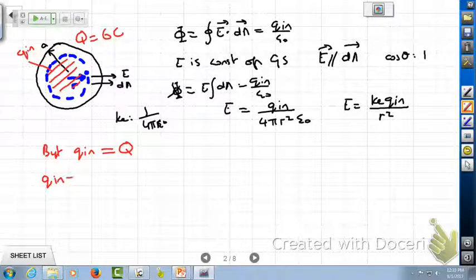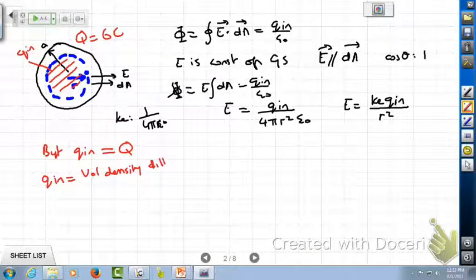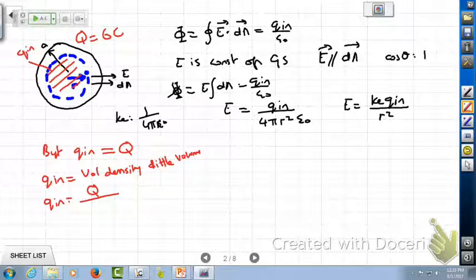Q in is equal to the volume density times the little volume. And that's going to be, Q in is going to equal Q over the volume of a sphere, which is 4/3 pi. Which am I going to use, A or R, for the volume density?